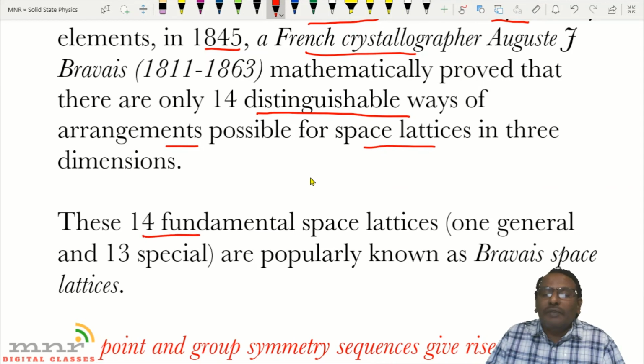These 14 space lattices are called the fundamental space lattices. Among them, one is general, while the remaining 13 are special space lattices. These 14 space lattices are popularly known as Bravais space lattices.